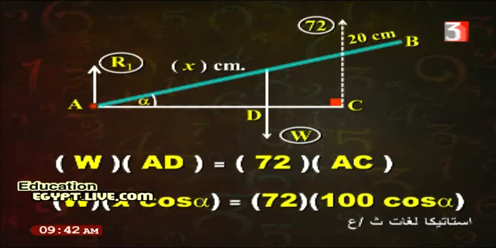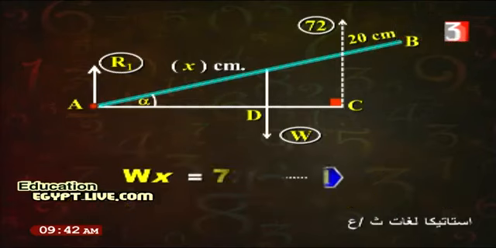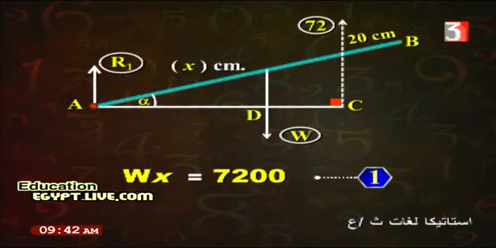Also, AD over X equals cosine alpha. Therefore, we have 3 unknowns: cosine alpha, X, and W. We divide each term by cosine alpha. Then the first equation, Wx equals 7,200.